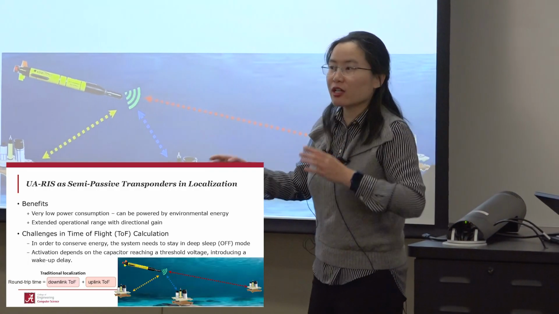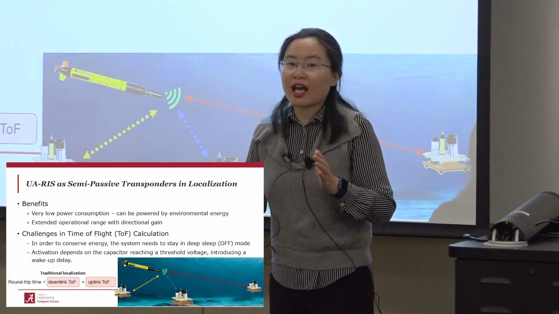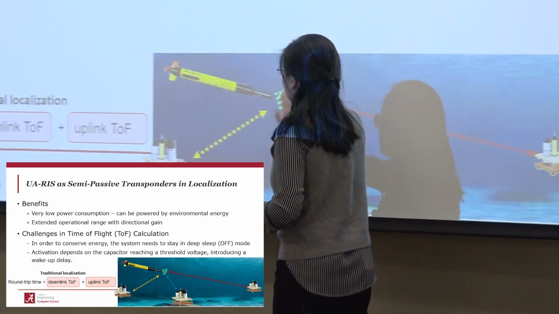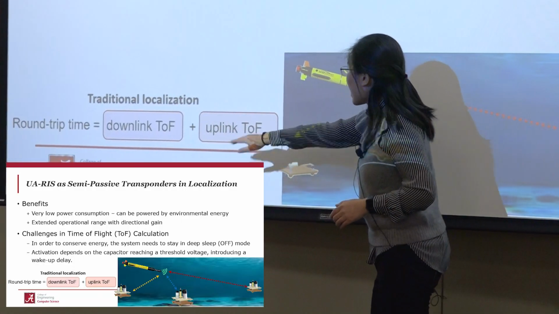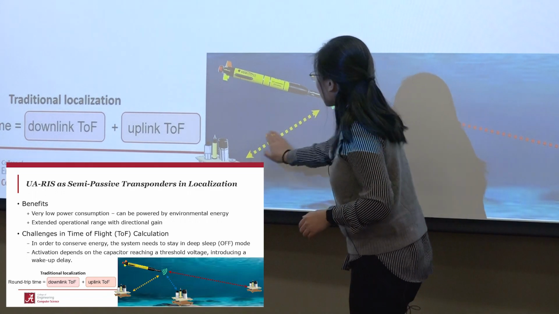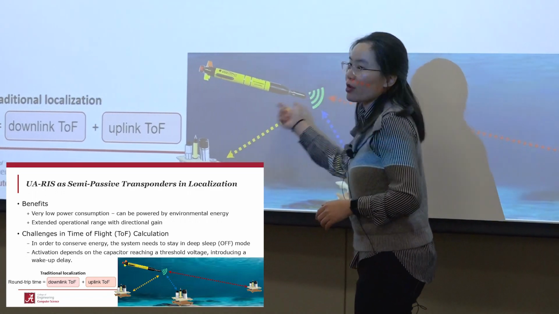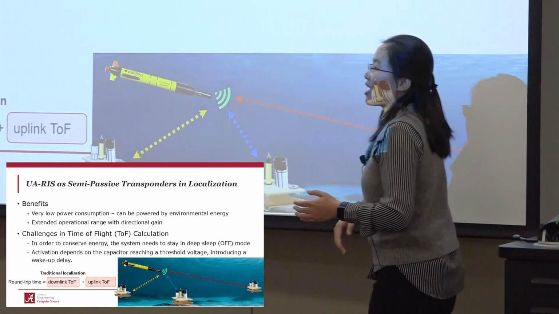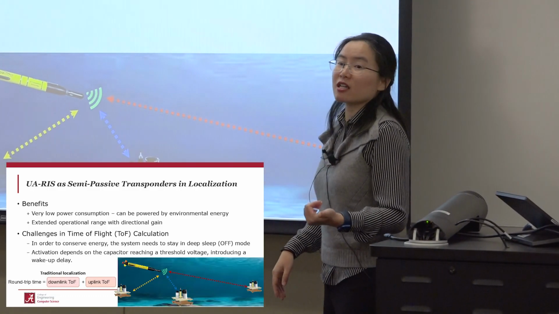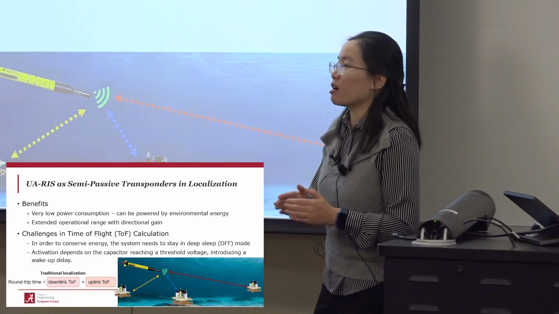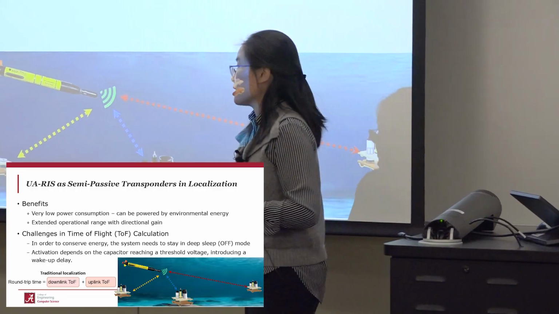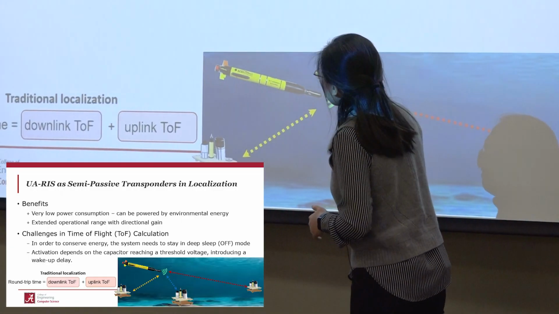So by measuring this round trip time, we can get the single time of flight, and based on the time of flight, we can get the range or the distance by multiplying by the propagation speed of the acoustic signal, which is a predefined speed. So that is the traditional localization.